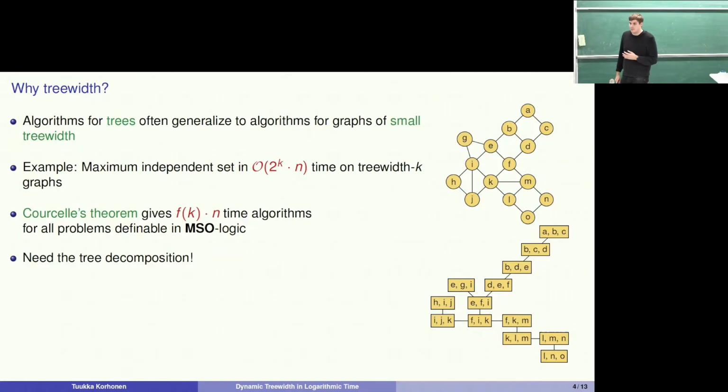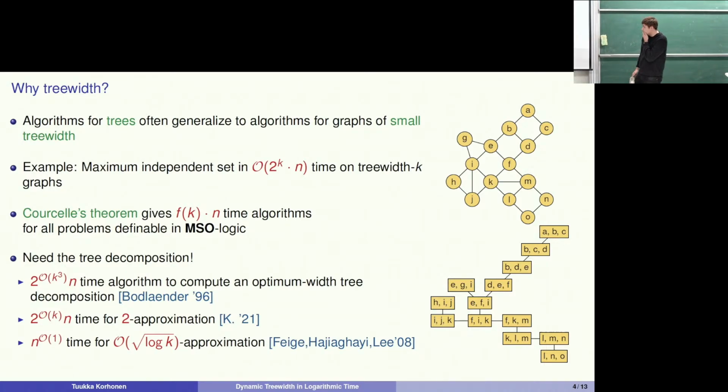So it makes the problem of actually computing a tree decomposition of small width really important, because whenever you want to use treewidth, it's the first step that you do. You compute the tree decomposition. And there is actually a lot of research on computing tree decompositions.